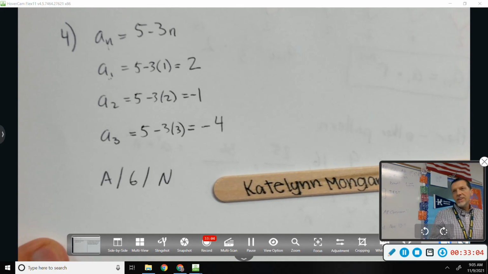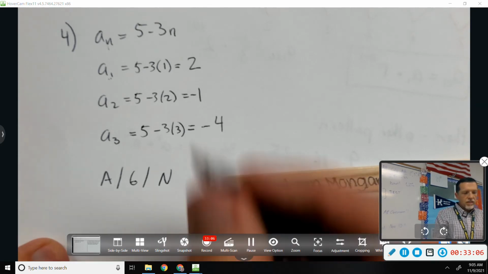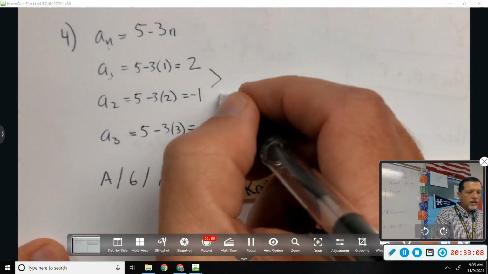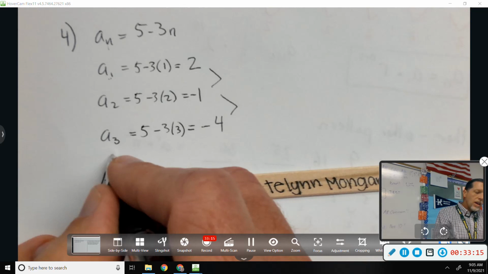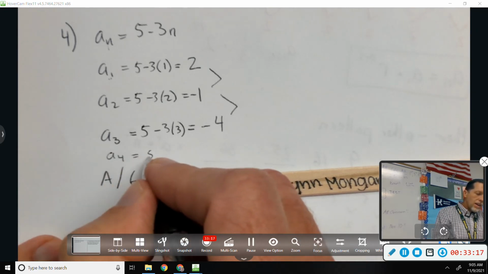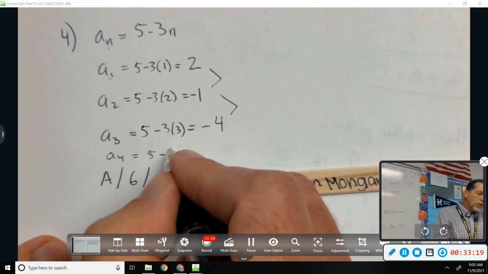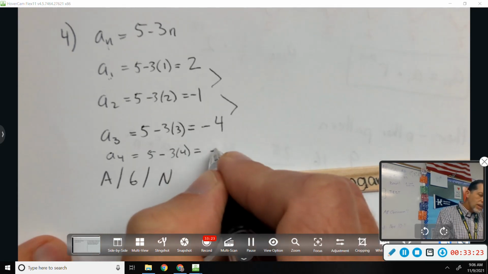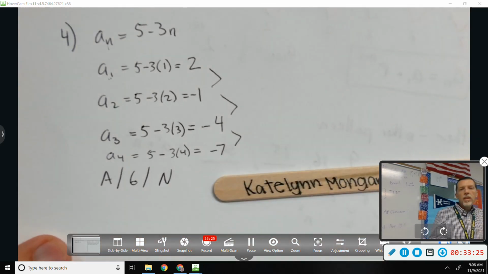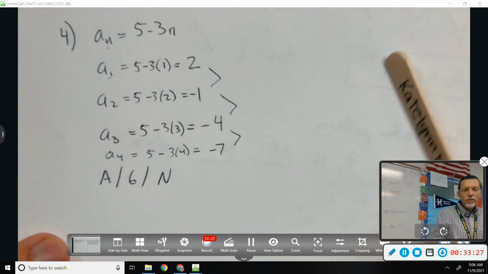Caitlin, what's going on here? To get from one to the other? If you're not sure, keep going. So find the next one. You're right, you're subtracting.